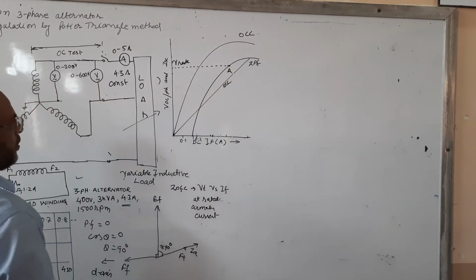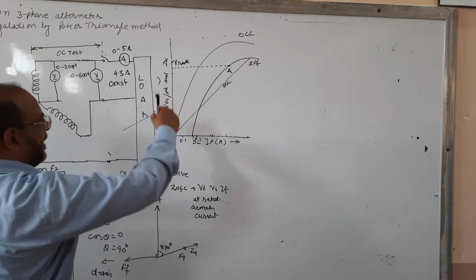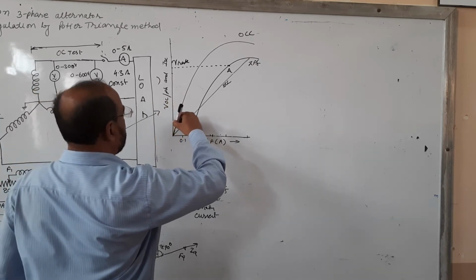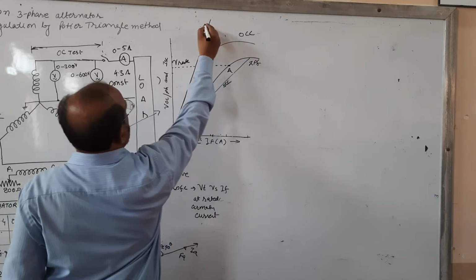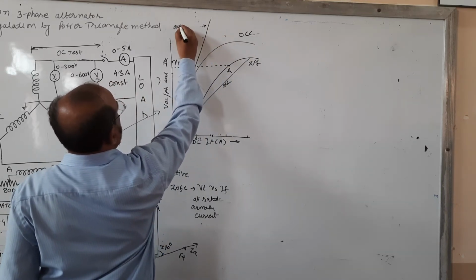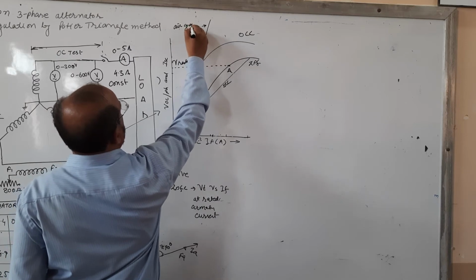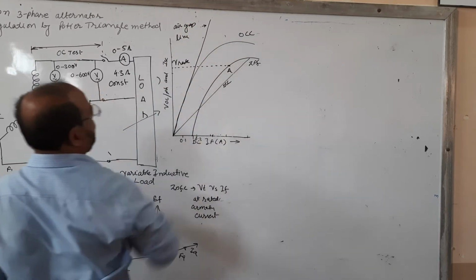Draw the air gap line. Air gap line is nothing but a tangent to the OCC. So this is the air gap line.